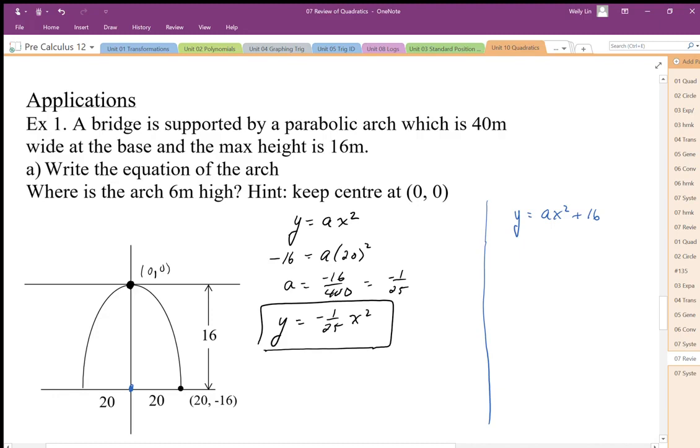Now, let's say we set it up with our origin on the axes here, so this is going to be 0, 0 here. If that's the case, my equation looks like that. This coordinate, again, would be 20 to the right, definitely, but it's no longer 16 down. It's just going to be 0.